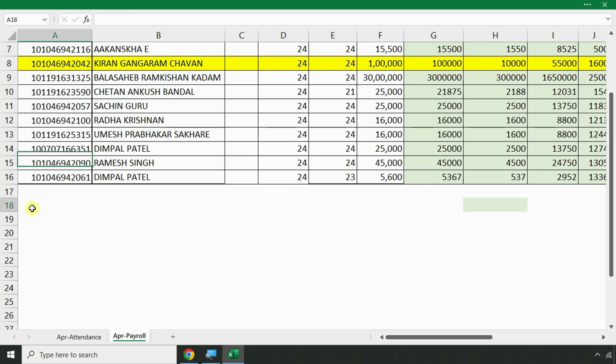I will show you in financial year. I am taking an example of Kiran Gangaram, okay? I am giving salary to Kiran Gangaram in the year 23 and 24. What is April salary? April gross.